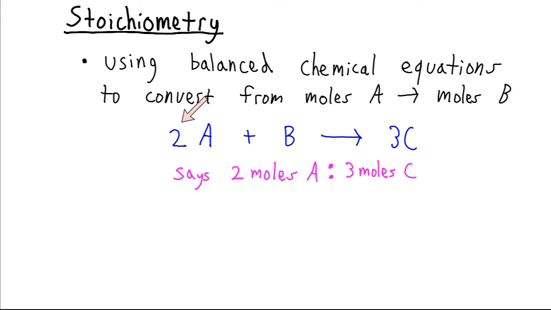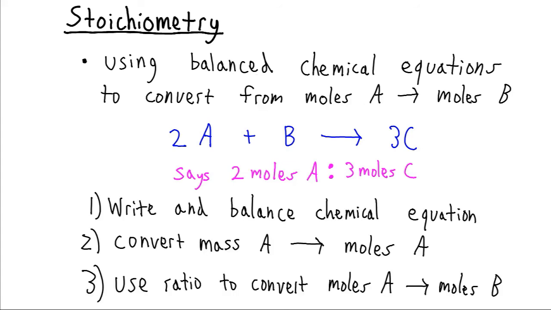So we often think of this as 2 moles worth of A molecules plus 1 mole of B molecules will yield 3 moles of C molecules. So what that's saying is that we have a 2 to 3 ratio of moles of A and moles of C, and we can throw that into our dimensional analysis, our factor label equations, in order to convert between A and C if we have information about one and want to obtain information about the other.